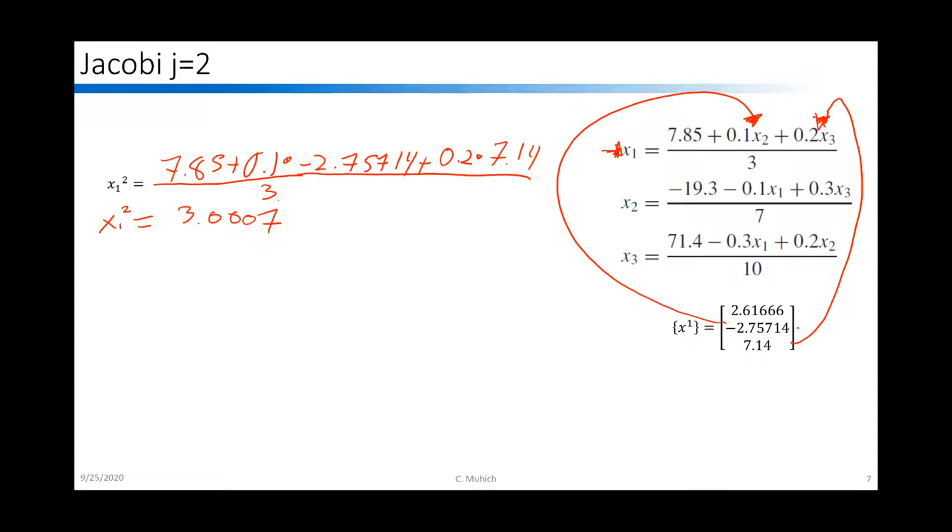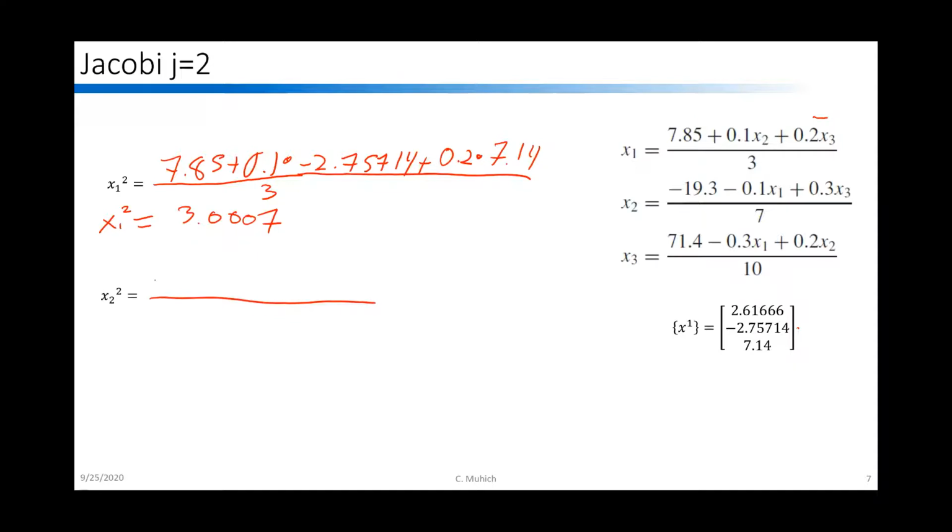Now I'm going to go ahead and do that again, but now with my x2 equation, remembering that x2 is negative 19.3 minus 0.1 times x1, we're going to pick the previous guess for x1, so that's 2.61666.